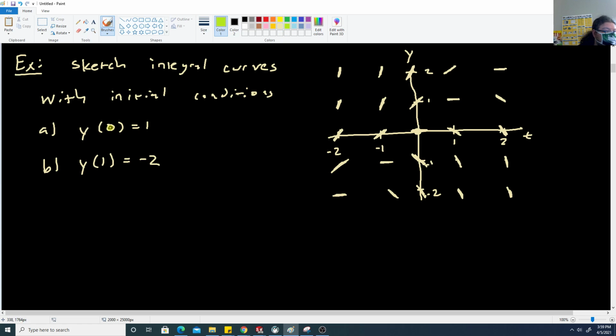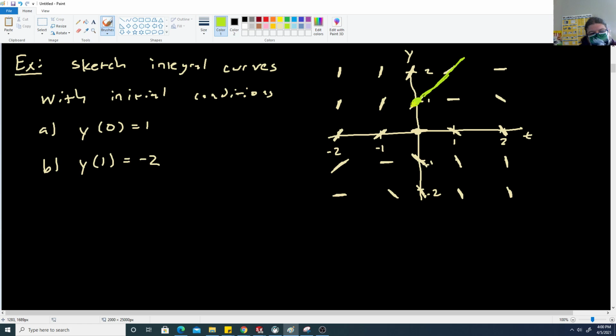So for this first one, we'll put the point when t is 0, y is 1. So that has our point right here. And we use the slope field to draw out how our point basically draws. So if we start drawing, we head off in the direction with slope 1, and we bump into the next part here, which also has slope 1.